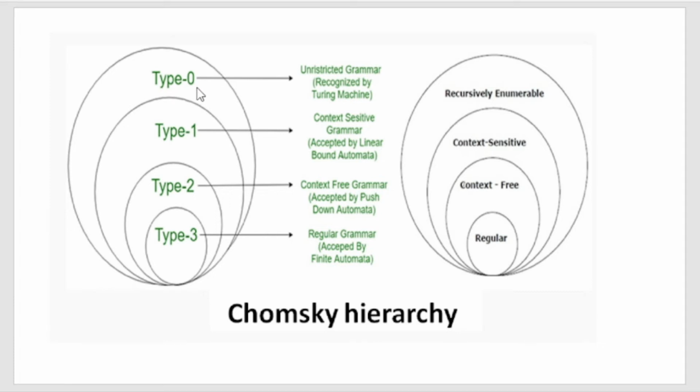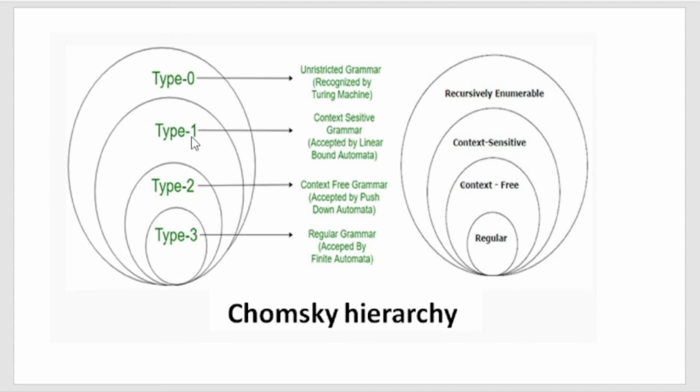The type 0 grammar is also named unrestricted grammar. The language generated using this grammar is a recursively enumerable language. The machine used to recognize the strings derived from this grammar is a Turing machine.